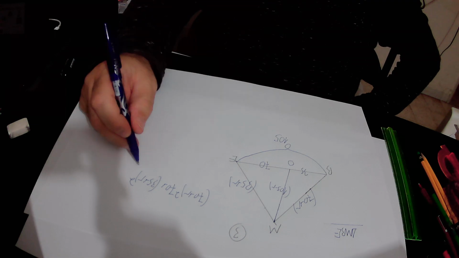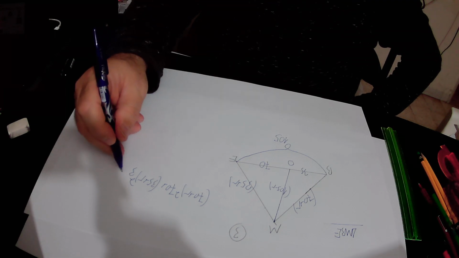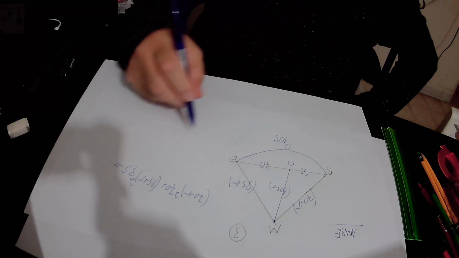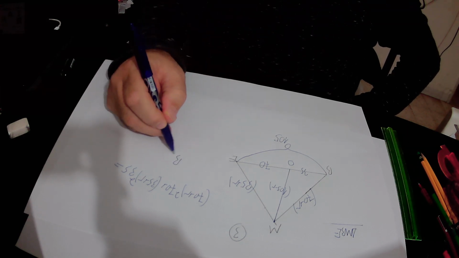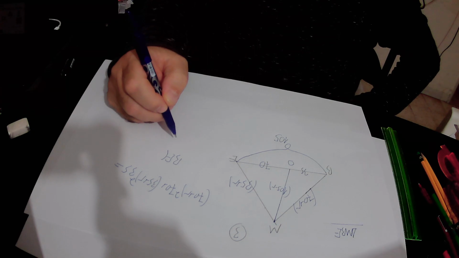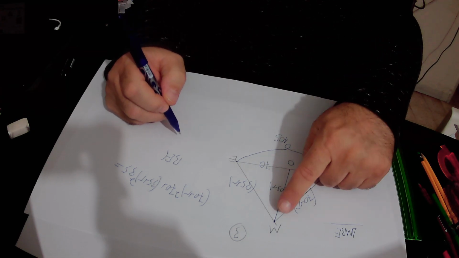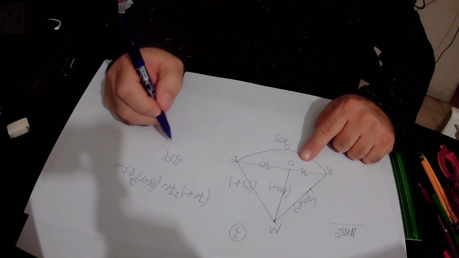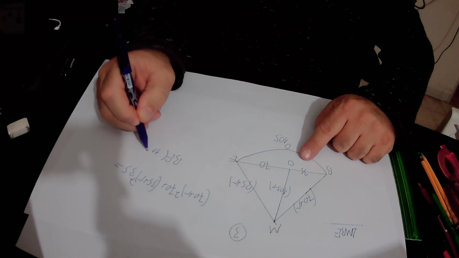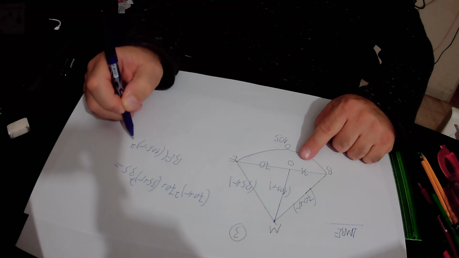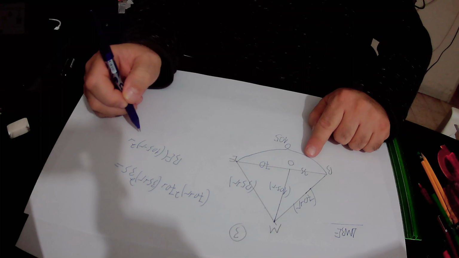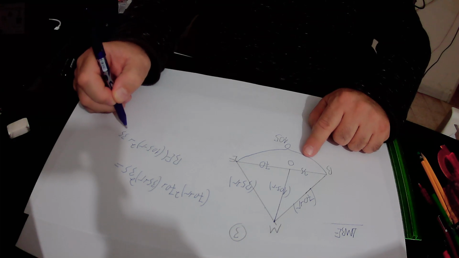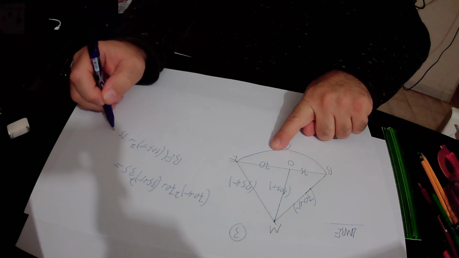BO is 35, and it is equal to BE times MO squared. MO is 105 minus r, therefore MO squared is (105 minus r) squared, plus BO times OE. BO is 35 times OE is 70.